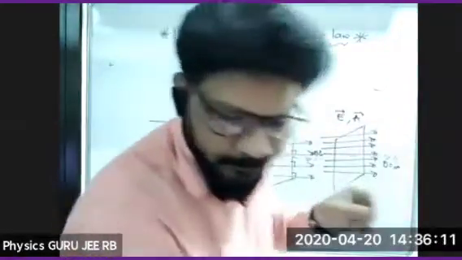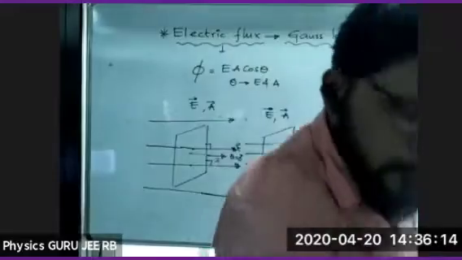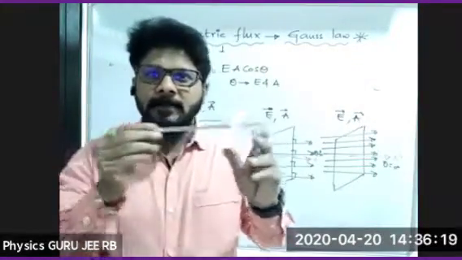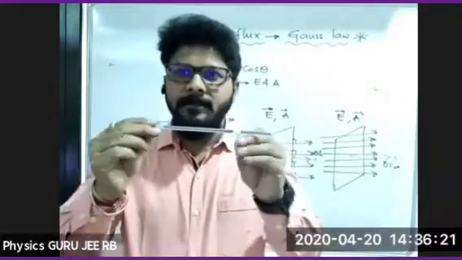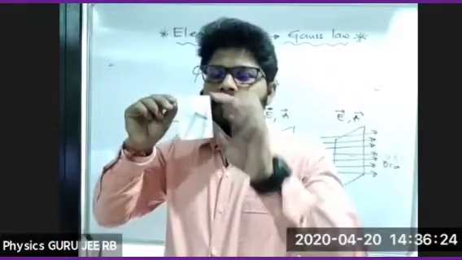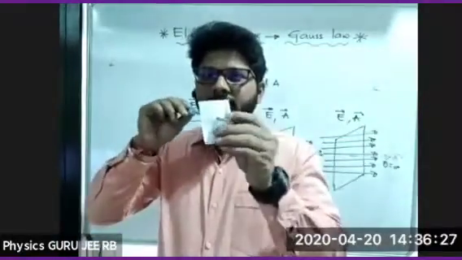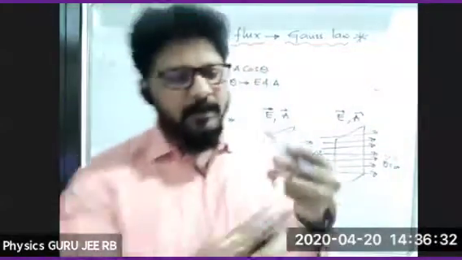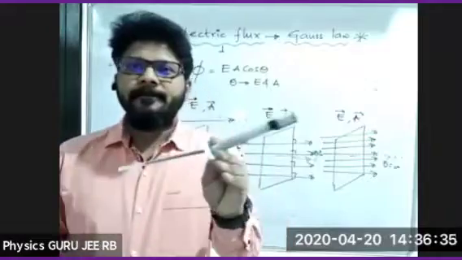How are the electric lines passing? Like this they are passing. This is nothing but area. Electric lines are passing like this, and the area vector also like this one. This is the direction of what? Area vector. Are you able to see?